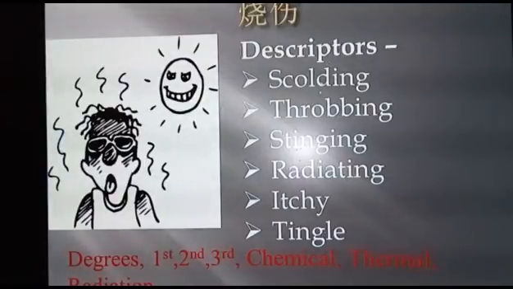Now many of these things will again be dependent on how the burn happened, what caused the burn. And in medical things, we're interested in what are called degrees. First, second, third. Whether the burn is a chemical burn, a thermal burn, a radiation burn. And again, we will talk about this more in class. You just need to remember these different descriptors.